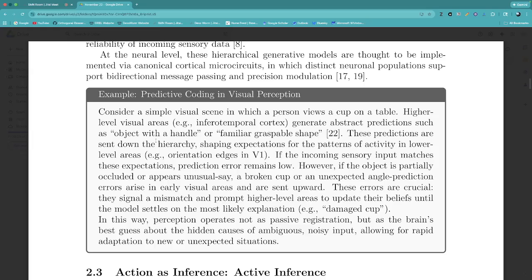Higher level visual areas, or inferotemporal cortex, which is the anatomical localization, generate abstract predictions such as object with a handle or familiar graspable shape. These predictions are sent down the hierarchy, shaping expectations for the patterns of activity in lower level areas. So these would be like orientation edges in V1.